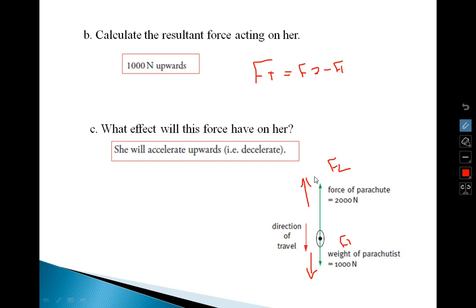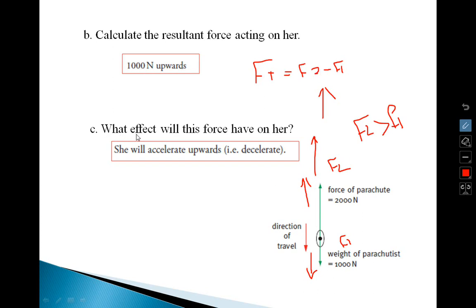So the parachutist keeps going up, because F2 is greater than F1.